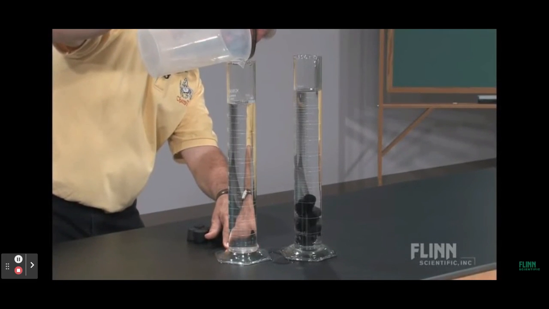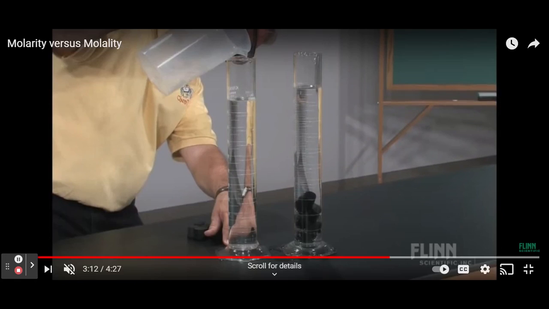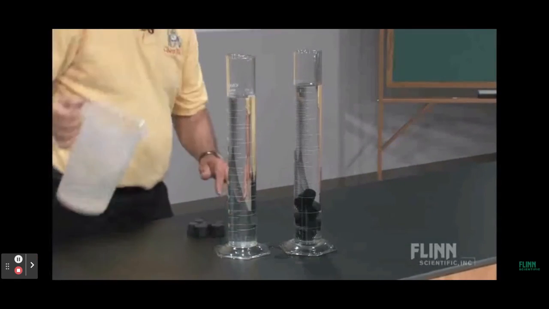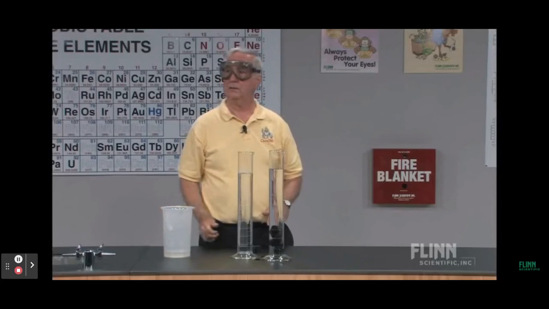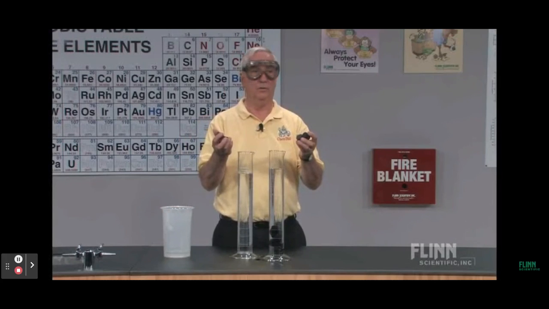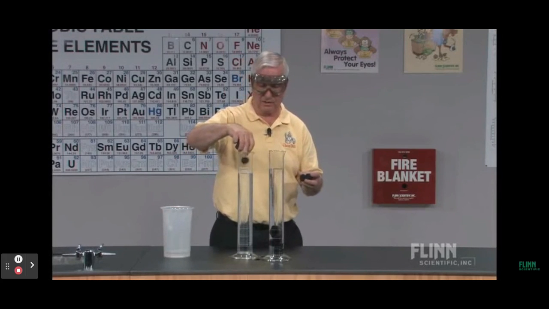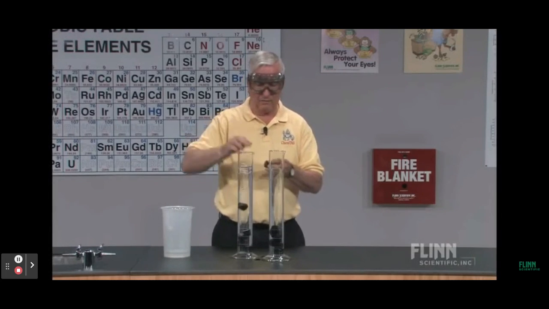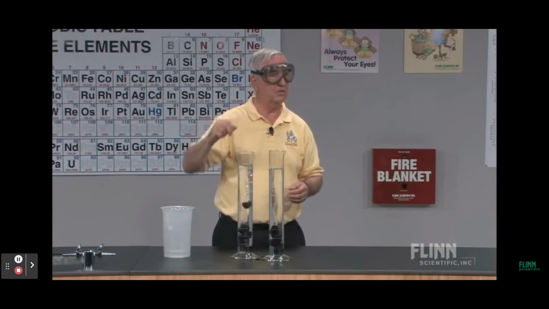That's his solvent. And then he's going to add to that the 6 moles of his solute. So again, he's going to take 6 of those rubber stoppers and add those to the solvent. So 1, 2, 3, 4, 5, and 6 moles.